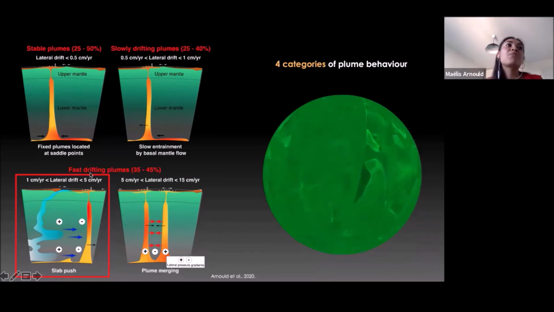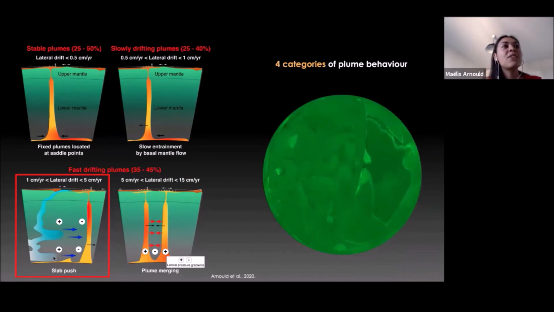In some cases, mantle plumes are quite stable, and those are located at saddle points of the lowermost mantle flow. And most of them are also moving very slowly, and these ones are entrained by basal mantle flow.